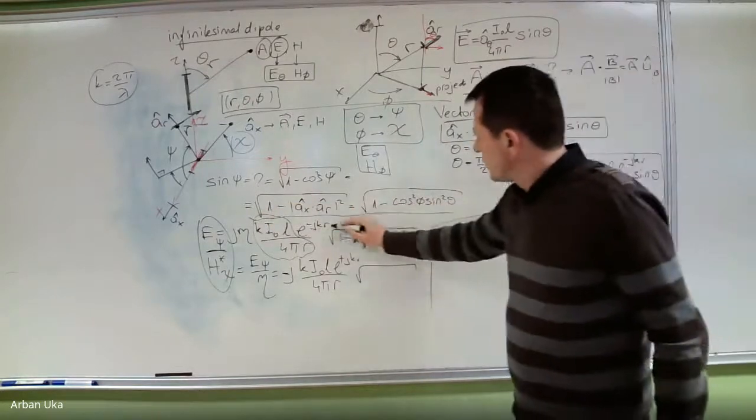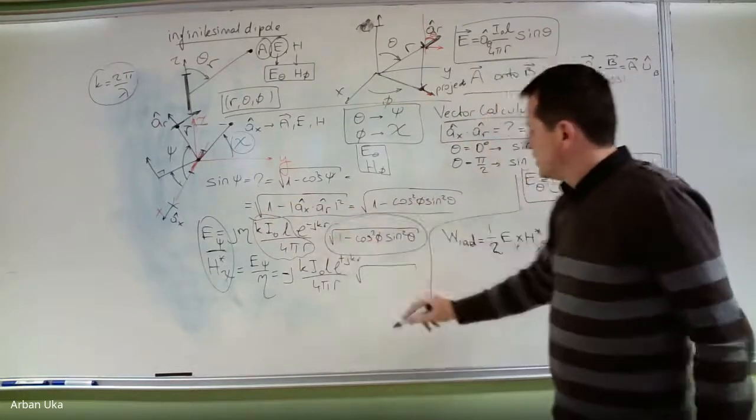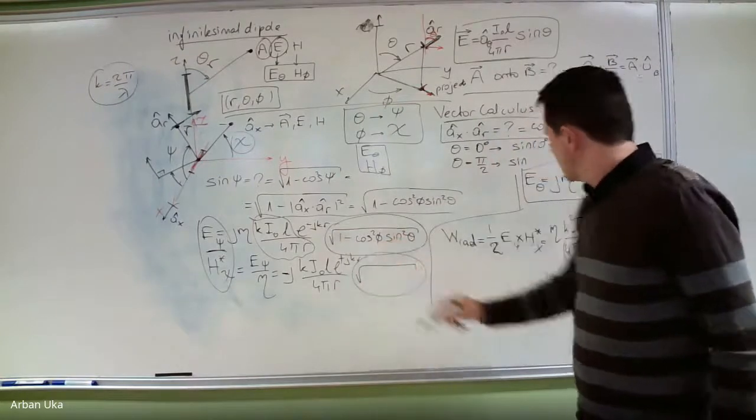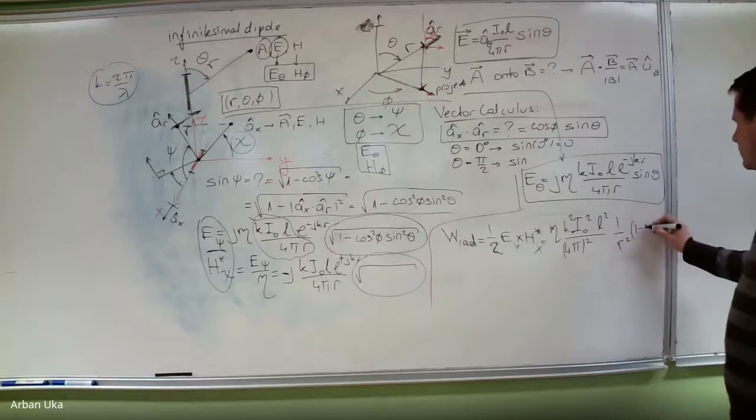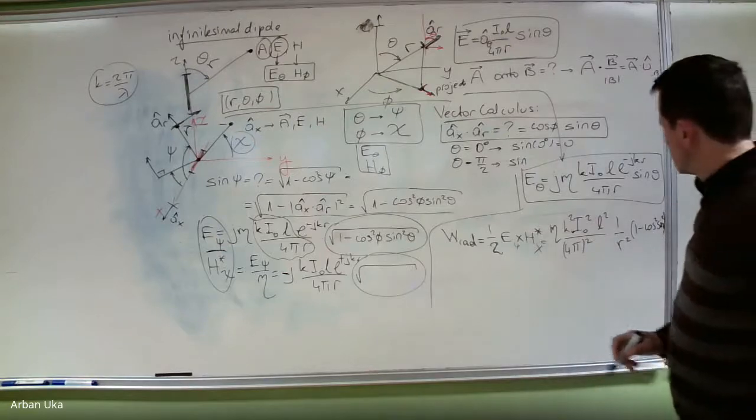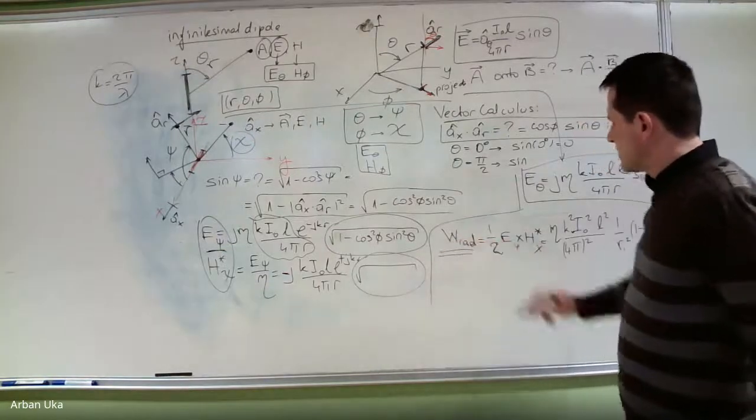We have to multiply also this term here. So the square root times the square root is going to be 1 minus cosine squared sine squared. Okay. So this is the radiated power density.